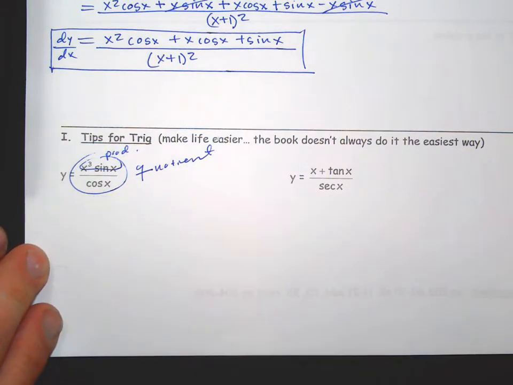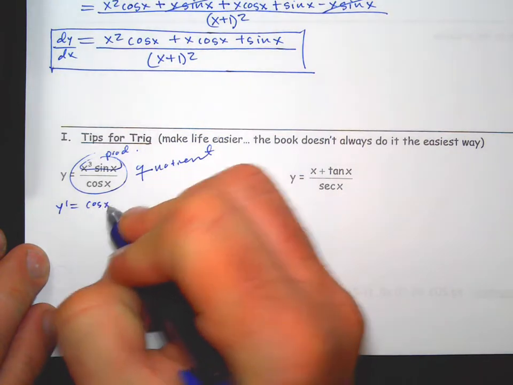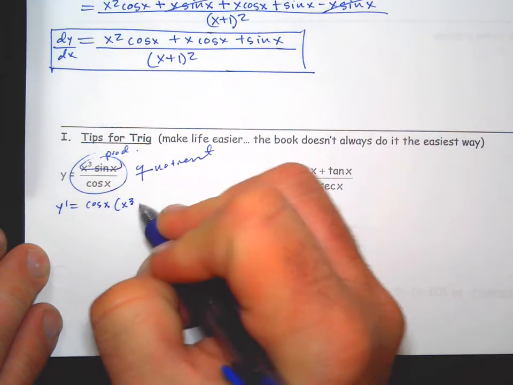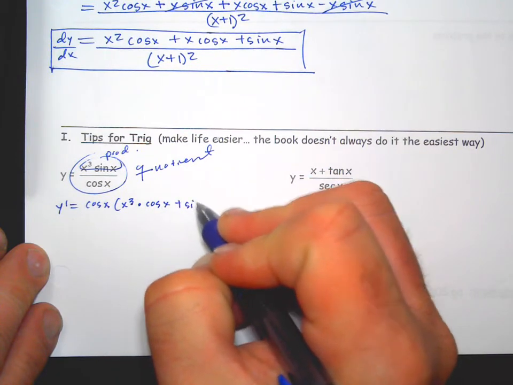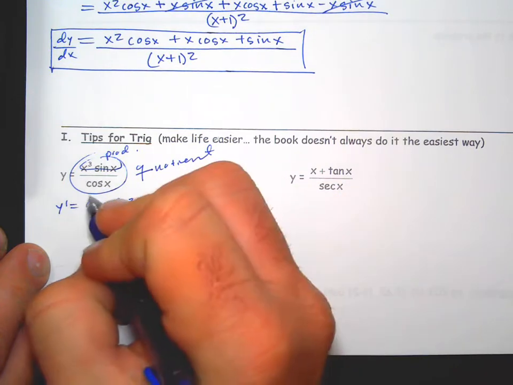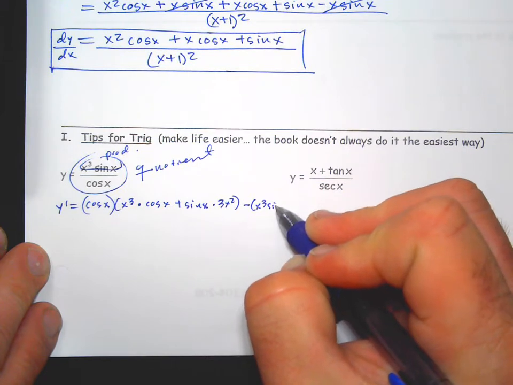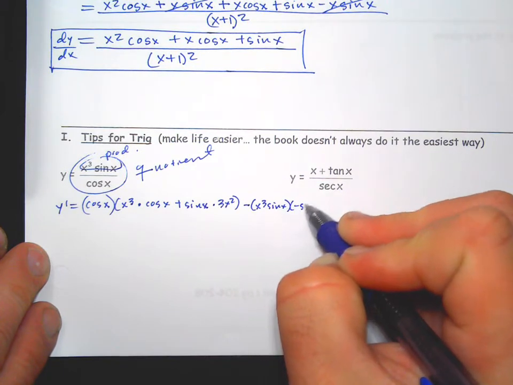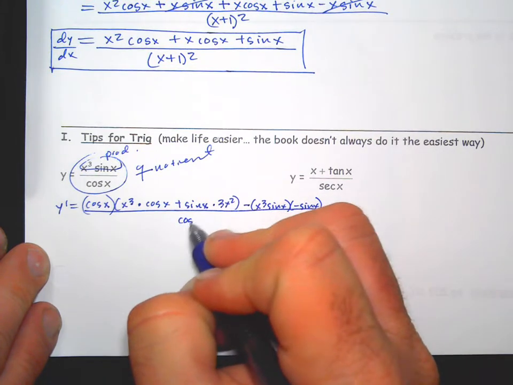Might be better. So y prime equals low d high, which is x cubed times derivative of sine, which is cosine, plus sine times derivative of x cubed, which is 3x squared. So that's low d high minus high d low all over low squared.